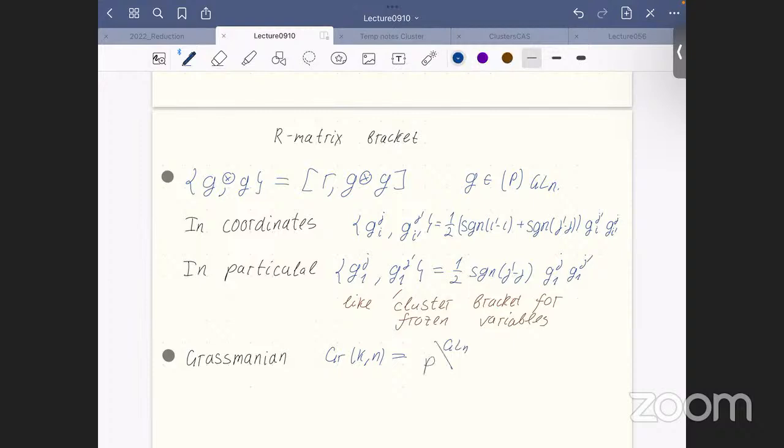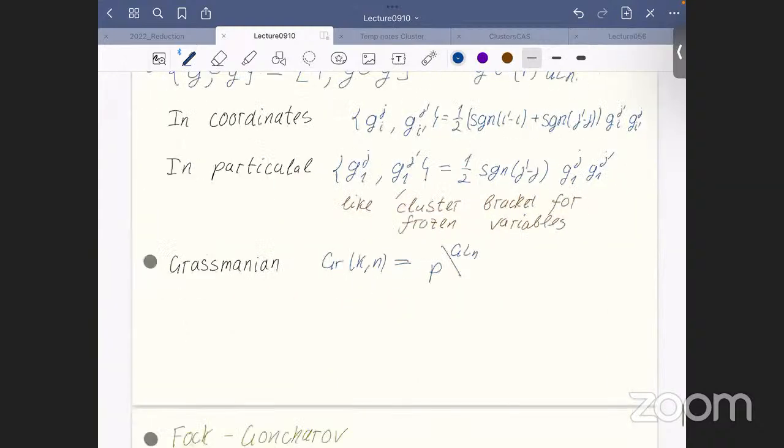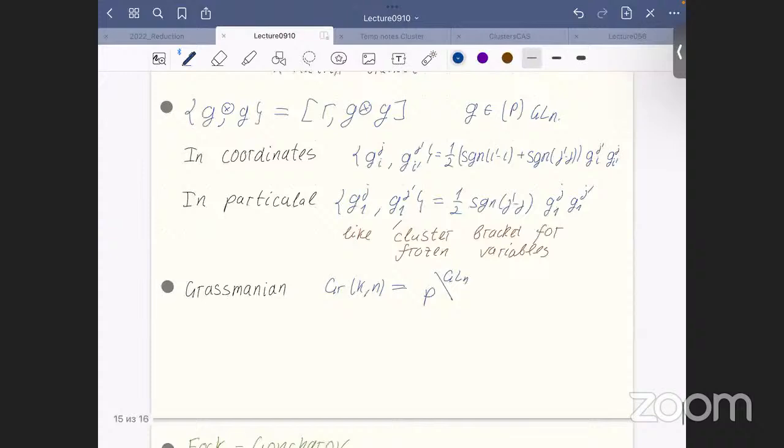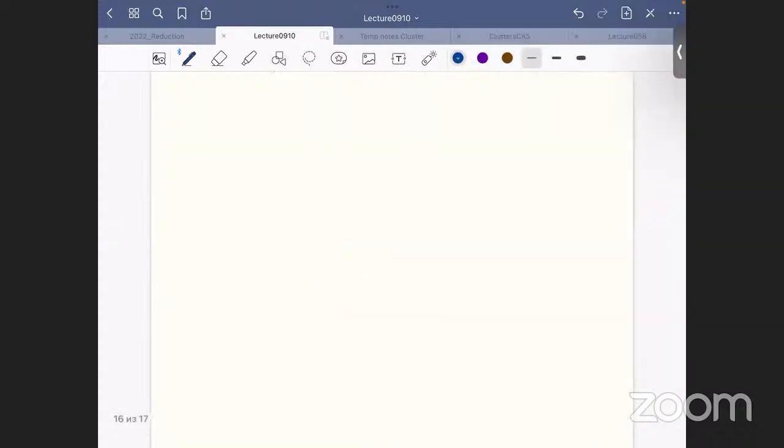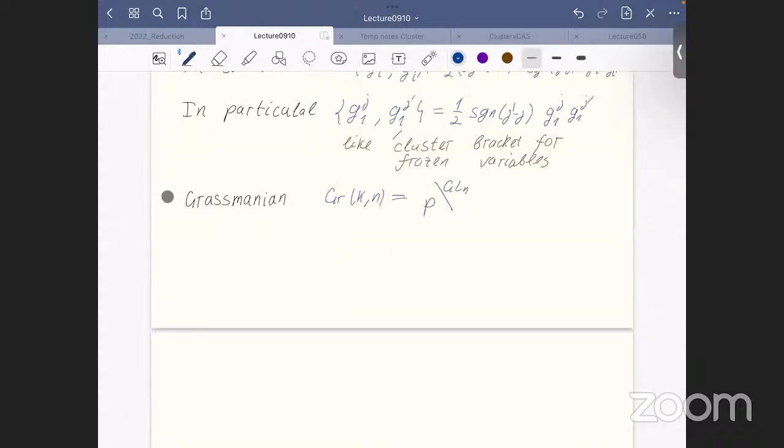I forgot, do you have a favorite convention? Maybe I will have to change it at some point. P is a group of such matrices.